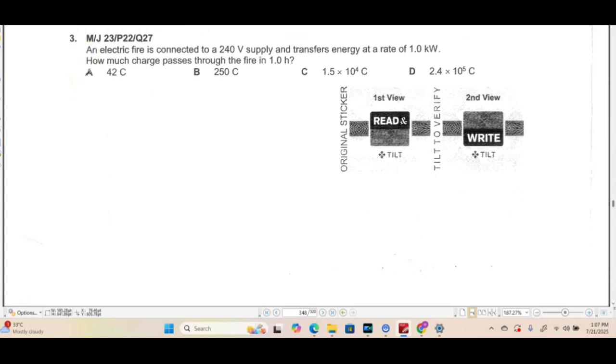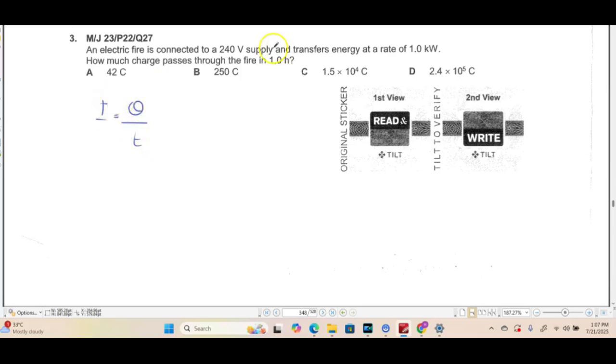Question number 3. An electric fire is connected to a 240 volt supply and transfers energy at the rate of 1 kilowatt. How much charge passes through the fire in 1 hour? Current is equal to charge by time, so we need two quantities.